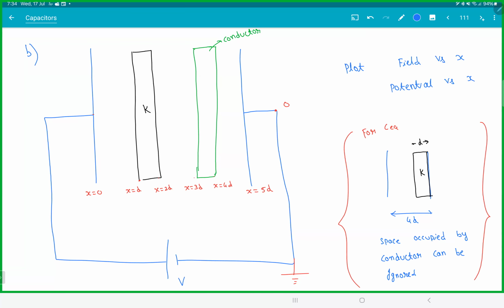Try it. Take a minute. I'll show you. Slope of a conductor. Let's see.